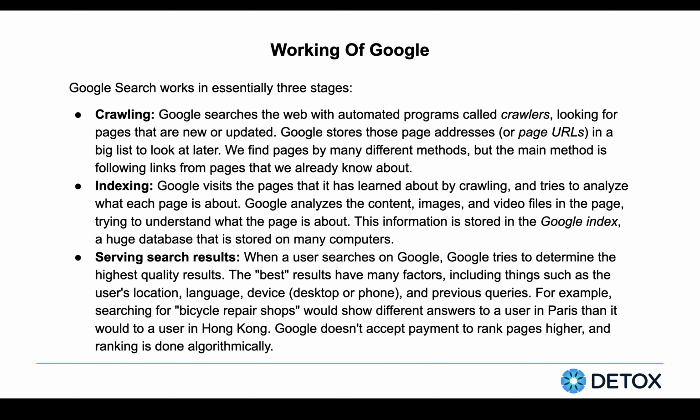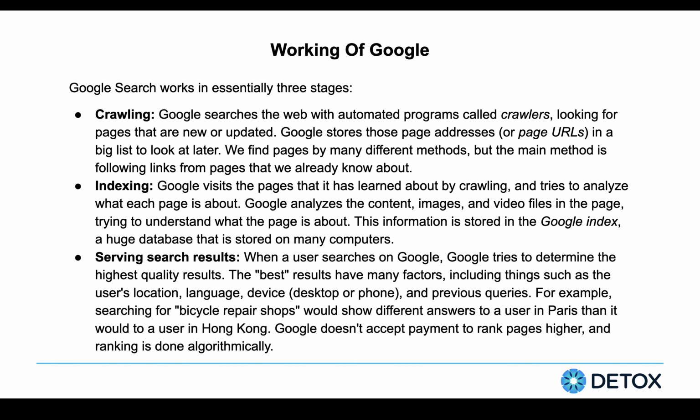Google stores those page addresses in a big list to look at later. We find pages by many different methods, but the main method is following links from pages that we already know about.